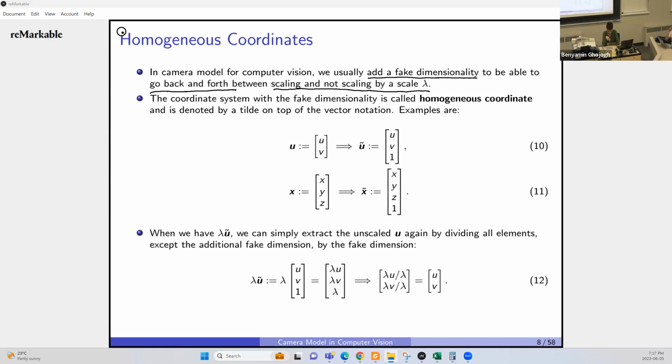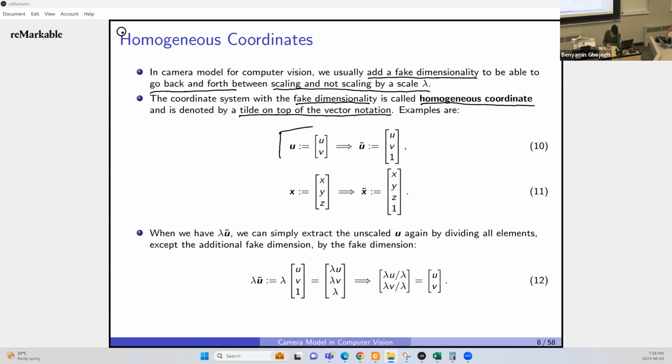We see that a lot in this lecture. The coordinate system with the fake dimensionality is called the homogeneous coordinate system. Without the fake dimensionality, let's call it the Cartesian coordinate system. And the homogeneous coordinate system is denoted by a tilde on top of the vector notation.